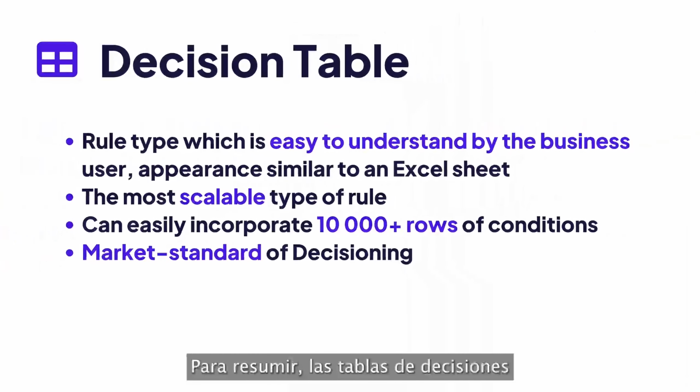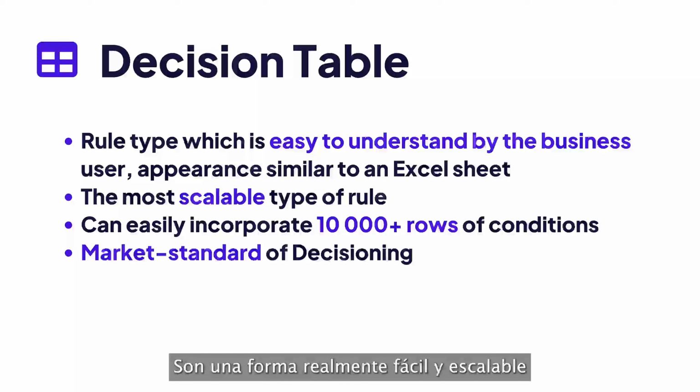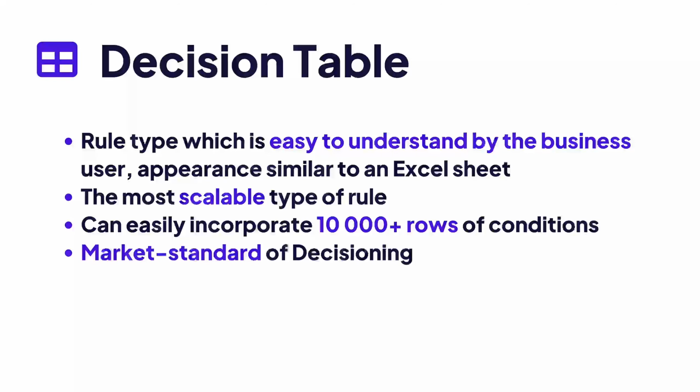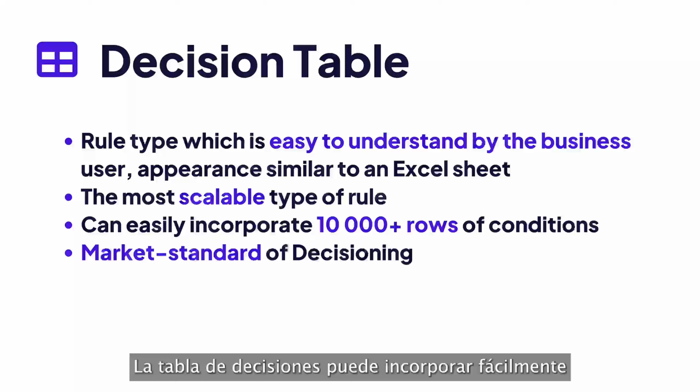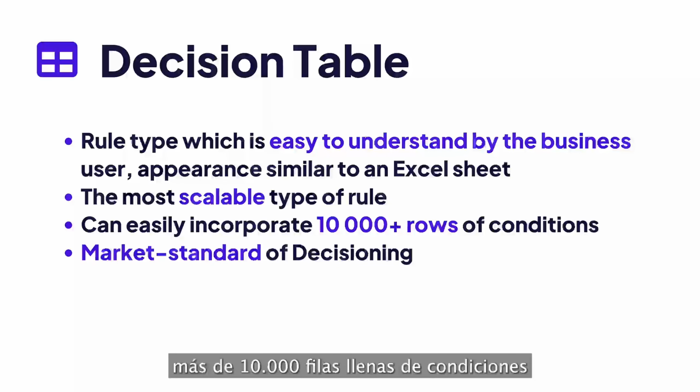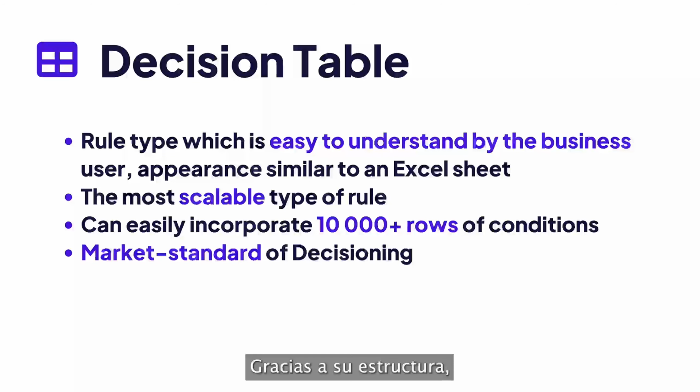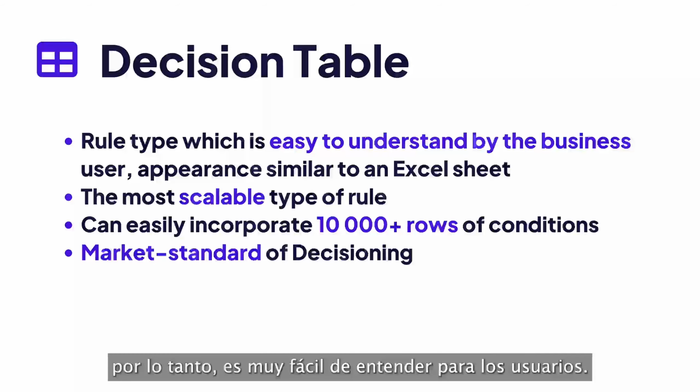To sum up decision tables, they are really easy yet really scalable way of how you can create rules. Decision table can easily incorporate more than 10,000 rows full of conditions. Thanks to their structure, they are really similar to Excel, therefore really easy to understand by the business users.